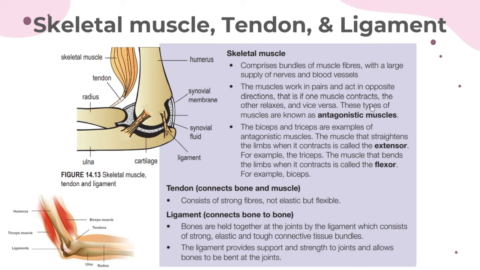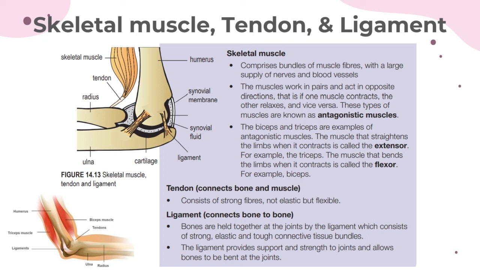These types of muscle are known as antagonistic muscles. Why antagonistic? Because these muscles act in opposite directions.